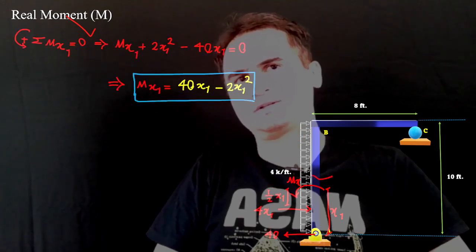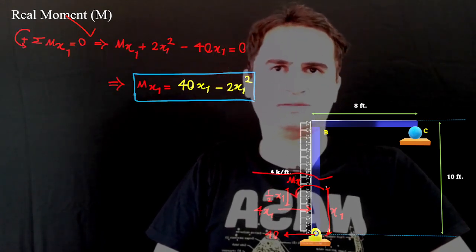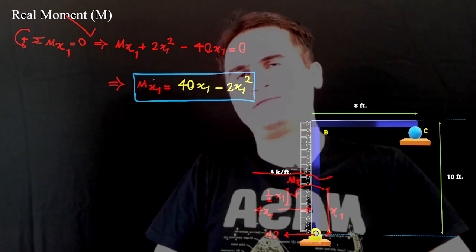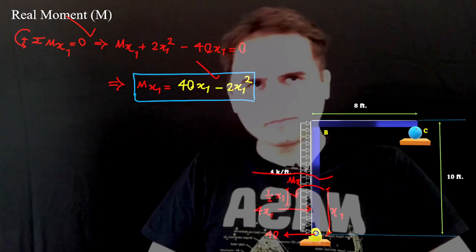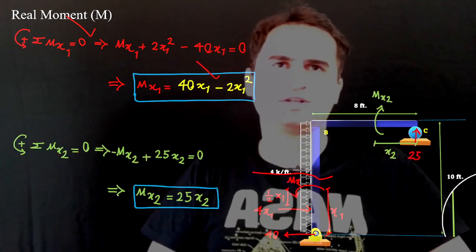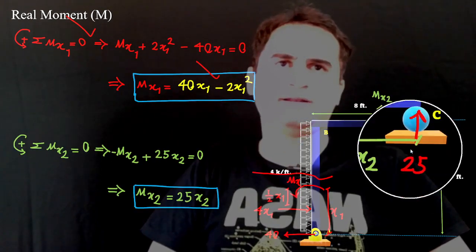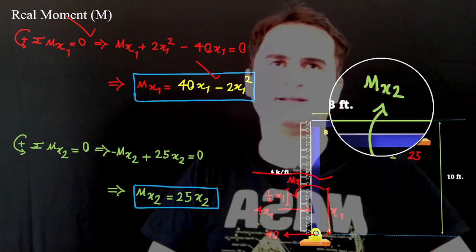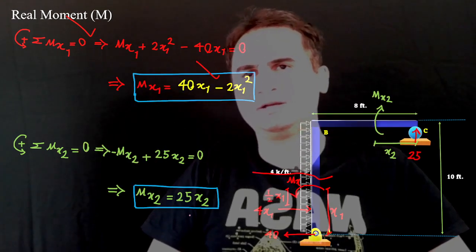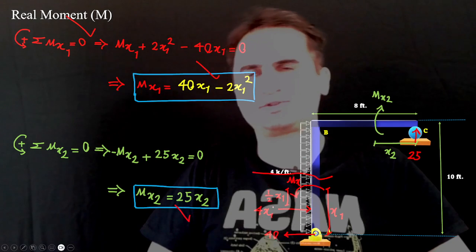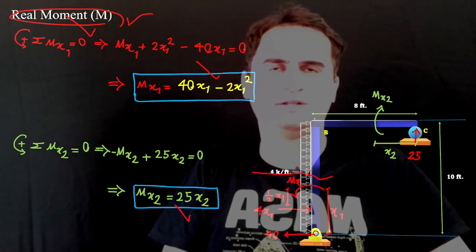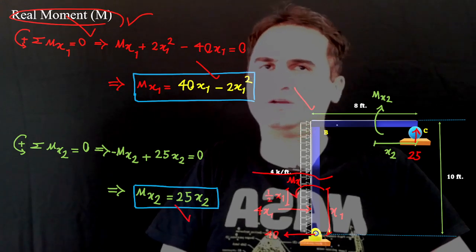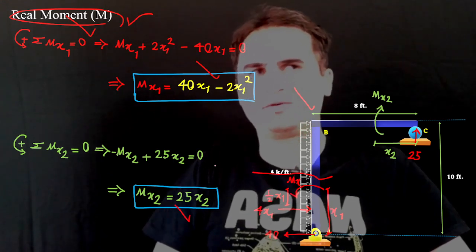If we cut our section at a distance of x2, we get M(x2) equal to 25 x2. This is our real moment, because we didn't change any of the forces in our real structure.